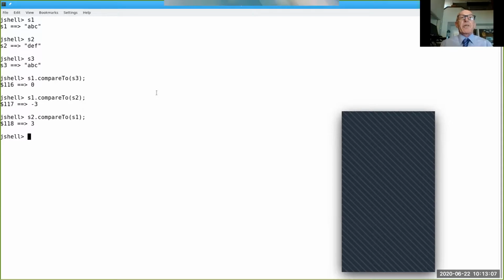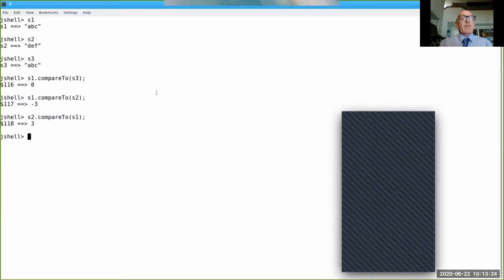This is done by dictionary order, essentially what's called lexicographic ordering. You have to be careful with this. Using characters works, you can use less than and greater than.